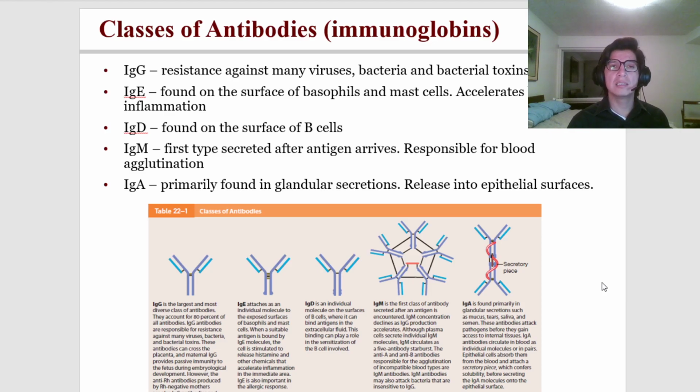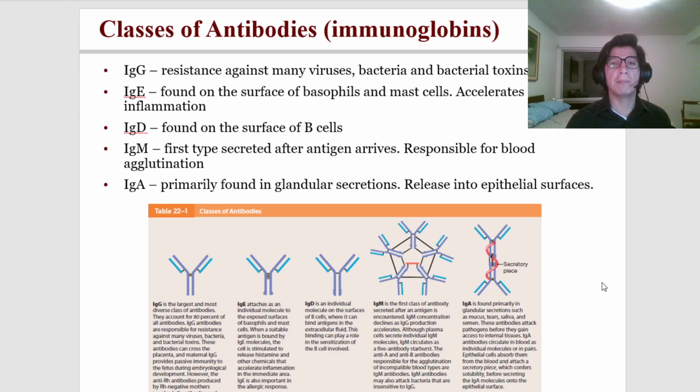Classes of antibodies. We have 5 different classes of antibodies. IgG. That's the one that's mainly responsible for the bulk of your antibody humoral response. You have IgE found on the surface of basophils and mast cells.